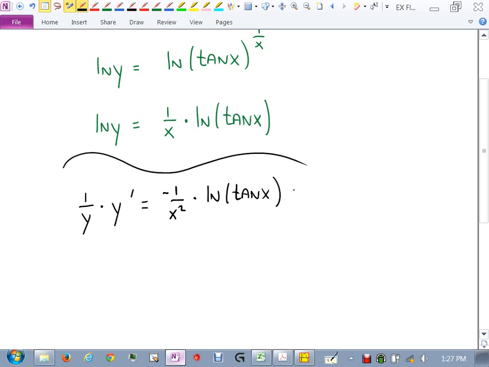Finishing off product rule, what's the derivative of natural log of something? 1 over what's inside of it, right? Then what was the derivative of tangent? Secant squared x. So I'm done. This right here is the derivative of natural log of tan x. Then finish off product rule, what still needs to be out here? Times 1 over x.